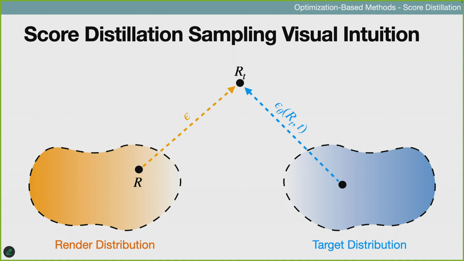So what we can do is take the difference of the noise we added, the epsilon in orange, and subtract out the epsilon predicted by the model, and what we get is this nice direction, which is going to point us towards our target distribution. And this is a direction from our actual original rendered image R. So this is basically the direction we're going to use as our gradient in this SDS loss.